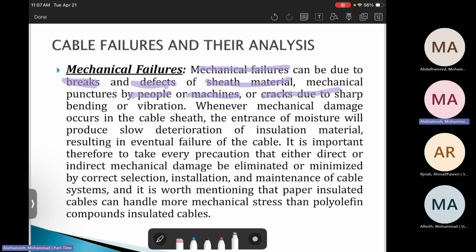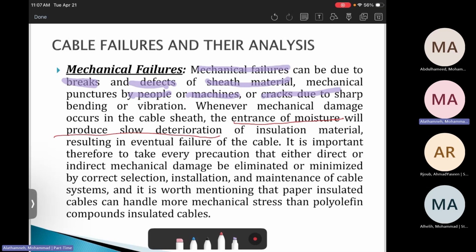Whenever mechanical damage occurs at the cable sheath, the entrance of moisture into the cable will produce slow deterioration, which will impact the lifetime of the cable and have a bad impact on the insulation materials because of the moisture around it.